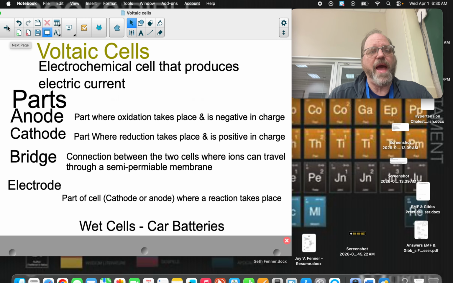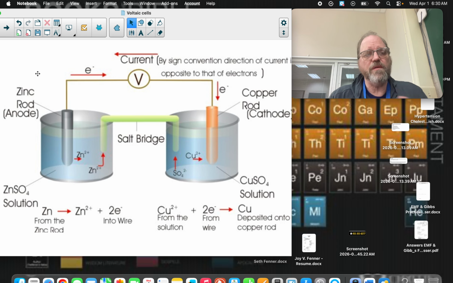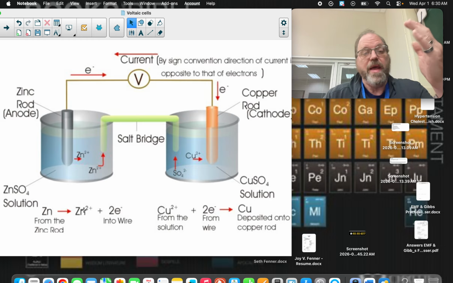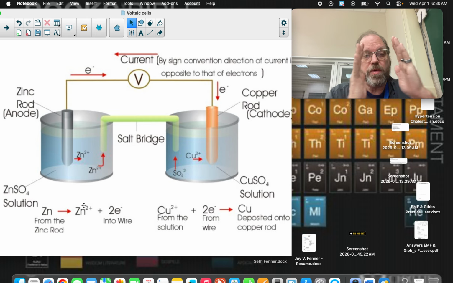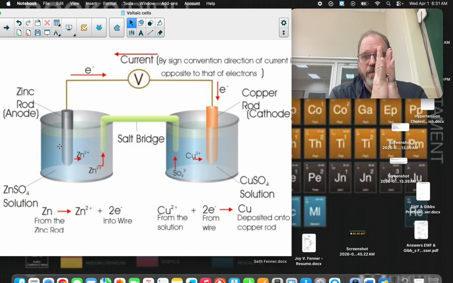Let's take a look at an image of a voltaic cell. Over here we have the anode. In the example I have here, we're using zinc as the electrode. This is going to get worn away. As the zinc turns to ions, it's going to react out, and the walls are going to get smaller, and that's what eventually kills a battery, when those electrodes get so depleted that they can't complete the circuit anymore.